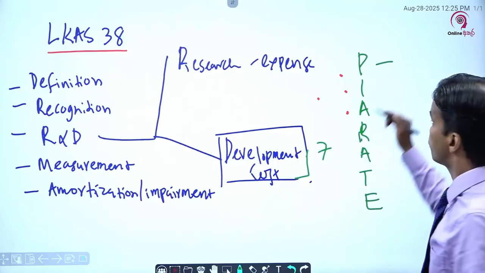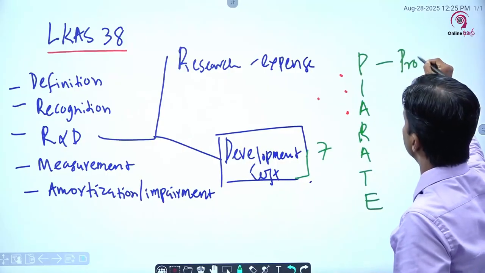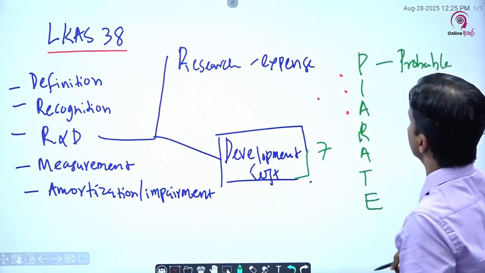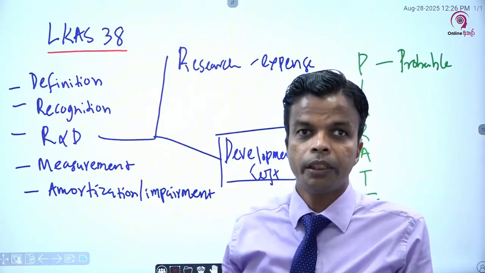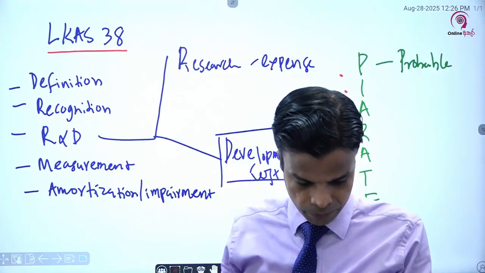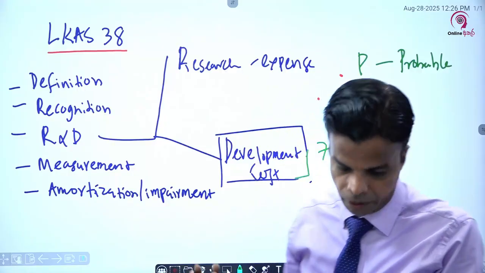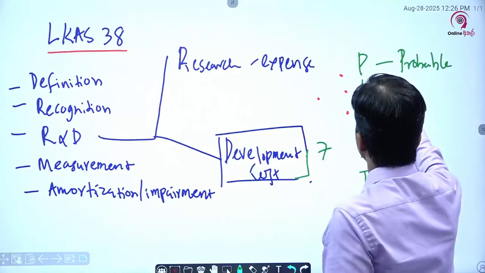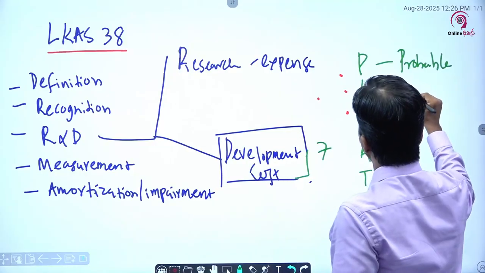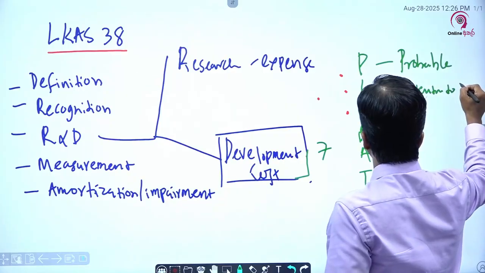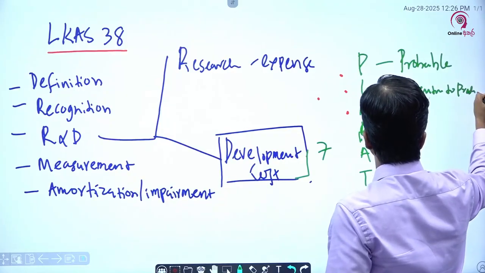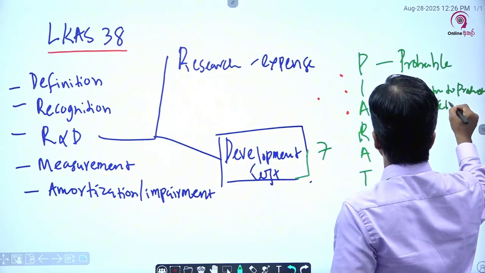P is for probable. So probable future economic benefits. You should be able to establish that there are probable future economic benefits, right? Then intention to complete and sell.